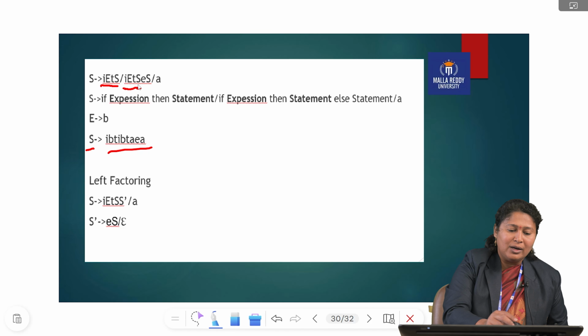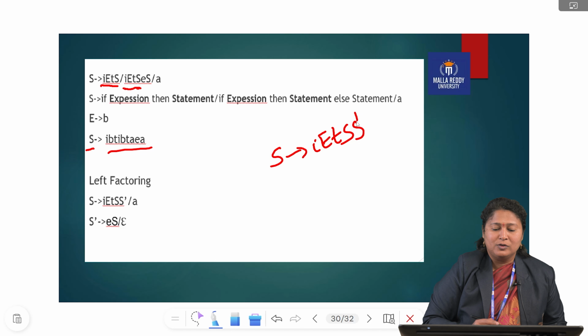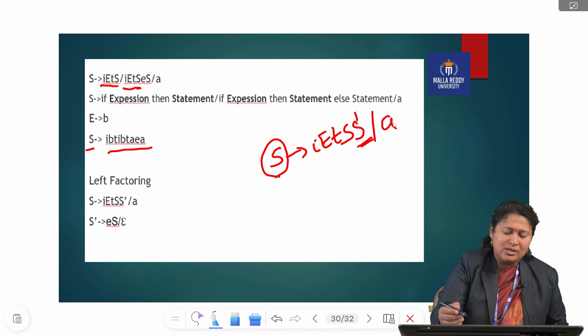How to left factor the grammar? S tends to iEtS, which is repeating. So beside that repeating part, take S complement, the start symbol complement. And for a, I am taking it as it is, since there is no repetition, just the extra production. Next, for S complement, what should I write?